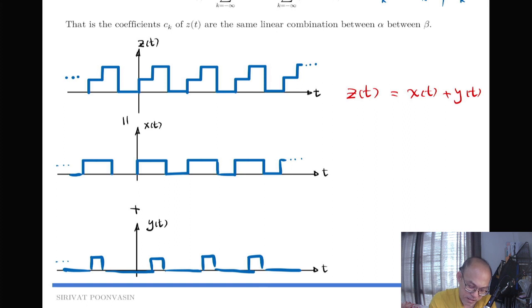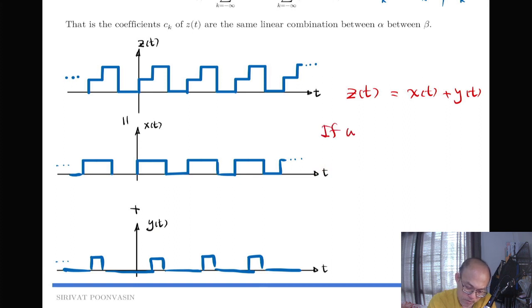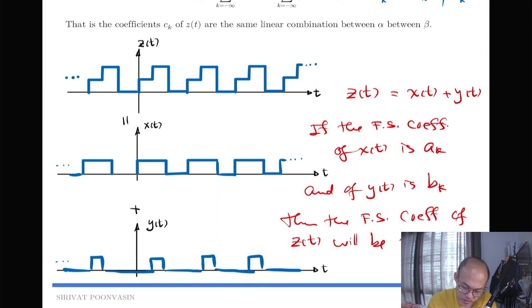Now somehow, if you could find the Fourier series coefficient of x and of y, so if the Fourier series coefficient of x is a_k and of y is b_k, then the Fourier series coefficient of z will be a_k plus b_k.